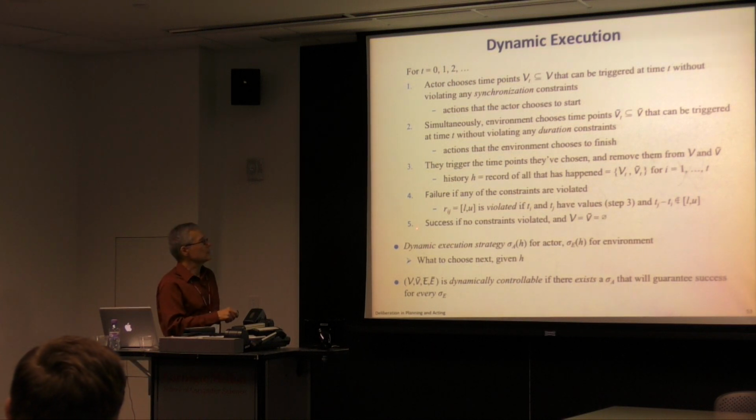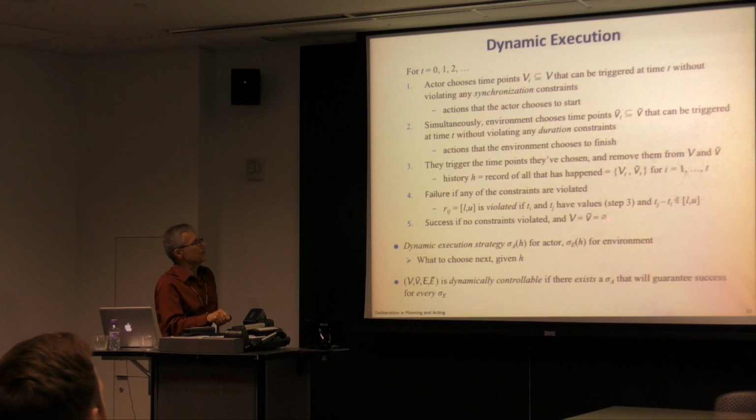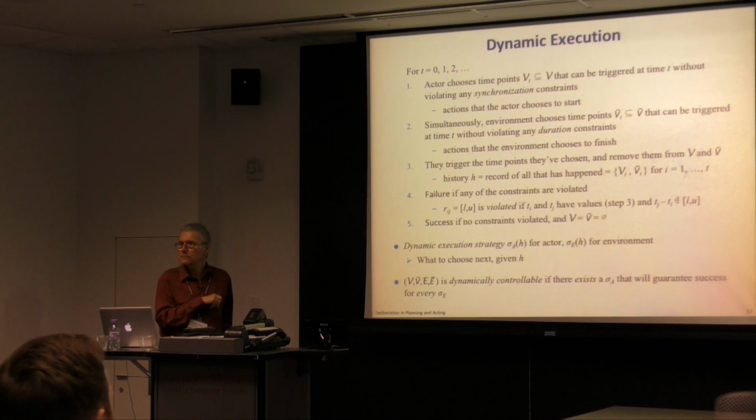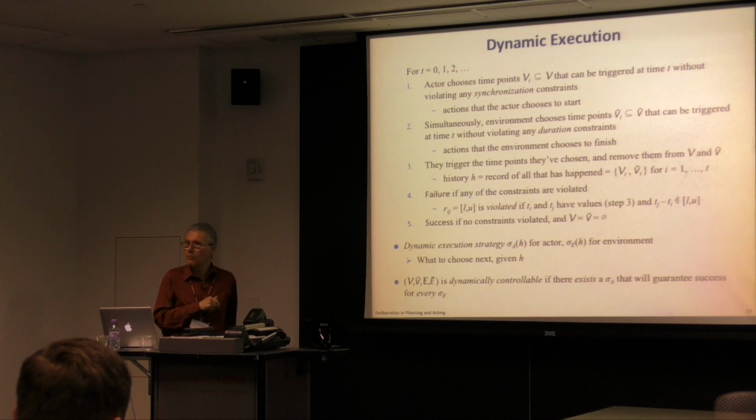All right? Success occurs if you haven't violated any of the constraints and if you've gotten to the point where nothing is left. All right? So a dynamic execution strategy for both the actor and the environment will choose the next thing that you do based on the history of things that's happened already.